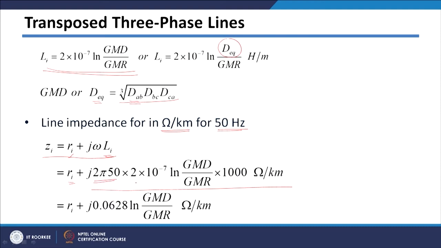This is your omega, this is your inductance, and since I am considering per kilometer, I have to multiply it by 1000 because this formula gives me inductance in Henry per meter. So, to convert into kilometer, you have to multiply it by 1000. Now, if we take this coefficient together, it comes out to be 0.0628 natural log of GMD by GMR. So, resistance we can get from data sheets, and we can get the reactance part using this equation.